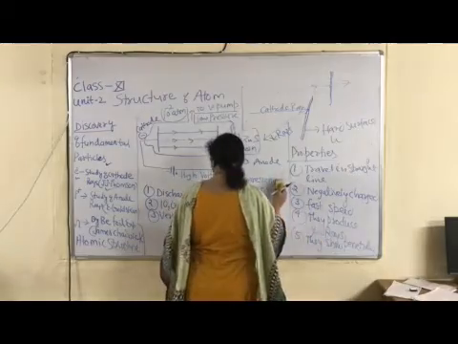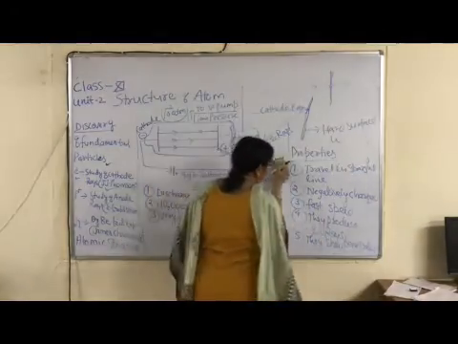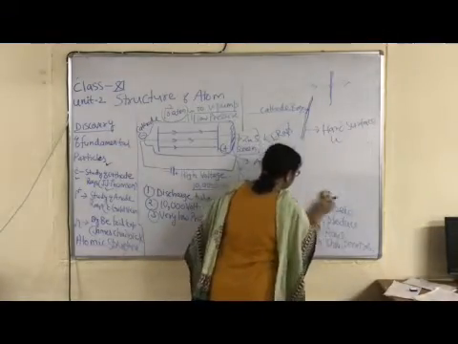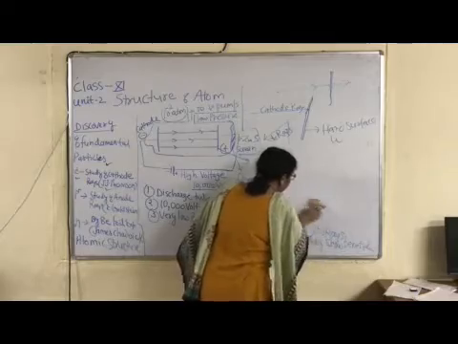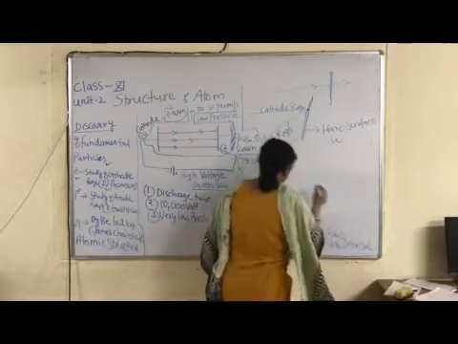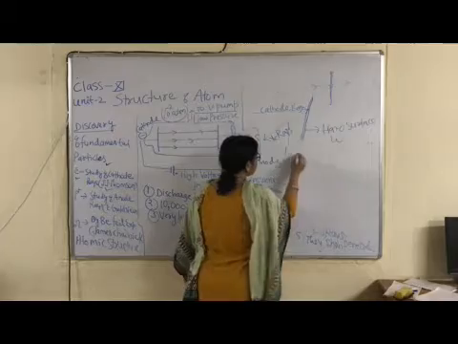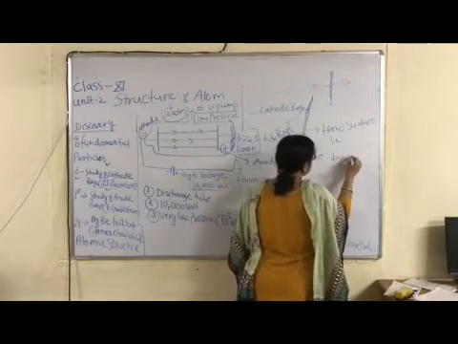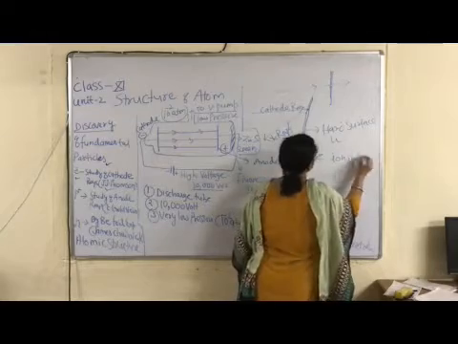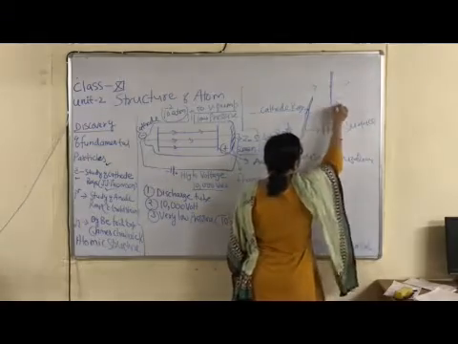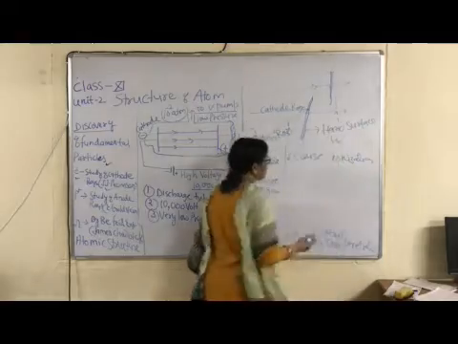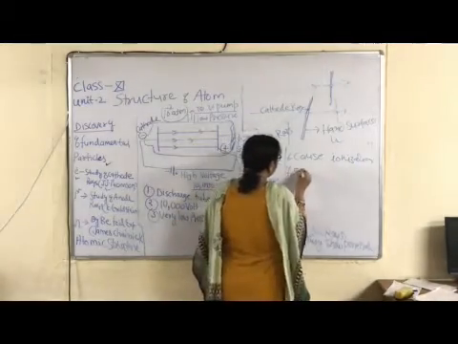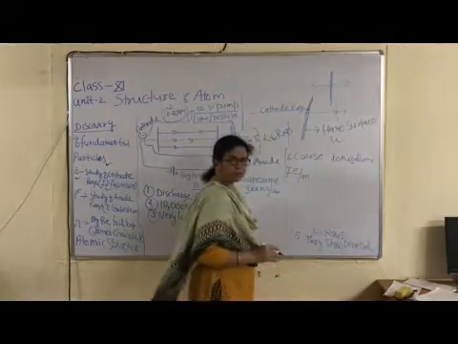Now, the next property of cathode rays. They cause ionization. When cathode rays are passed through any gas, they cause ionization. Ions are produced. Next feature, the e/m ratio.